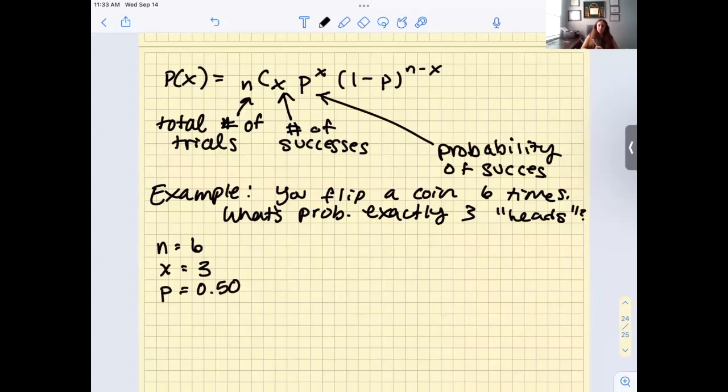It's 50%. It's not 3 out of 6. It's 50%, meaning any time you flip a coin, it's 50% chance that you get a heads, right? Anytime you flip a coin. That's the probability I'm referring to.